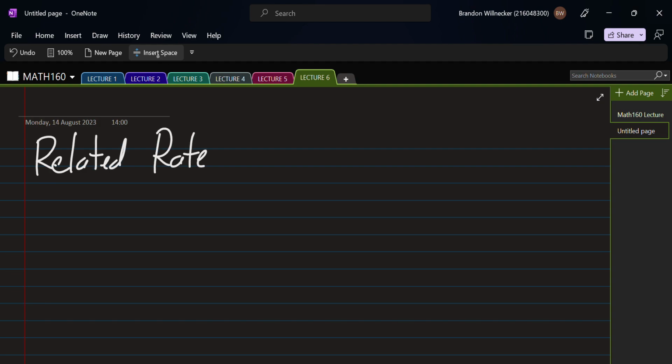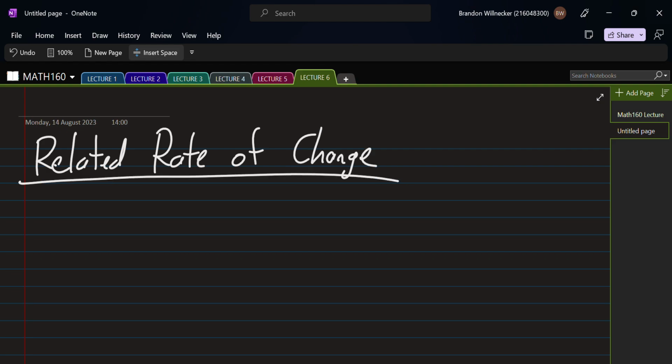Instead of looking at the rate of change of a single function, for example, the rate of change of position, that's velocity, where we're only looking at one thing that's changing, for related rates of change, we're looking at the relationship between two things that are changing and how the change in the one affects the change in the other.